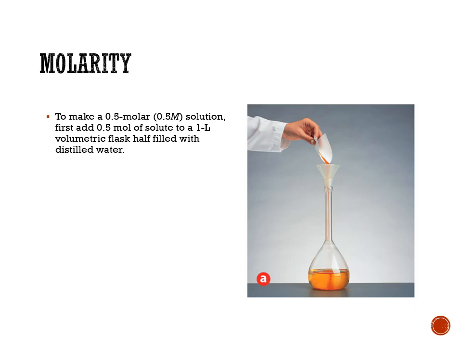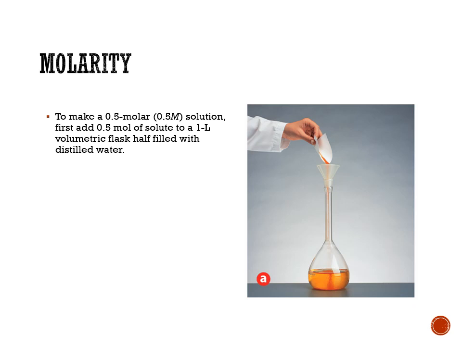So, in laboratory preparation naman, for example, to make a 0.5 molar solution, or a solution that has a 0.5 molarity of concentration, first you have to add 0.5 moles of solute to a 1 liter volumetric flask half filled with distilled water. Volumetric flask kasi yung glassware na ginagamit sa preparation of solution because it is the most accurate.